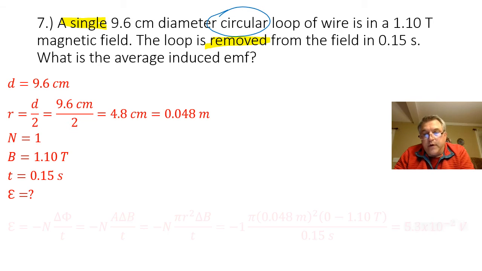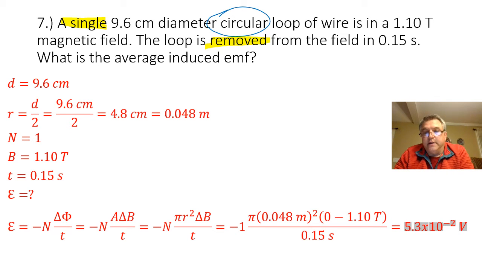We're going to use Faraday's law once again, and since I'm solving for my induced EMF, I don't need to do any rearranging. According to Faraday's law, my induced EMF is equal to the number of turns times the change in the magnetic flux divided by the time.